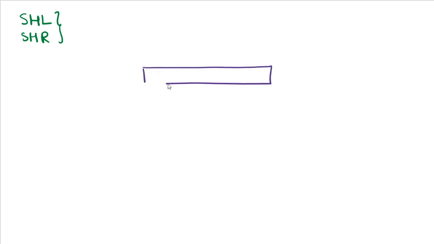Let's suppose we have a binary sequence here, which is a value: 1 1 0 0 1 1 0, and let's take one more. So this is a number, this is a value.